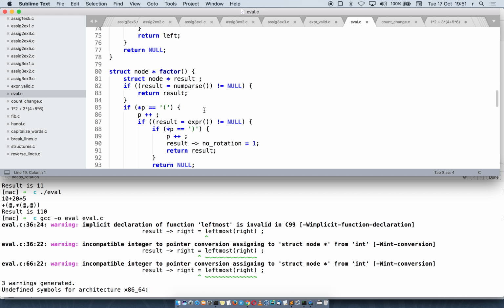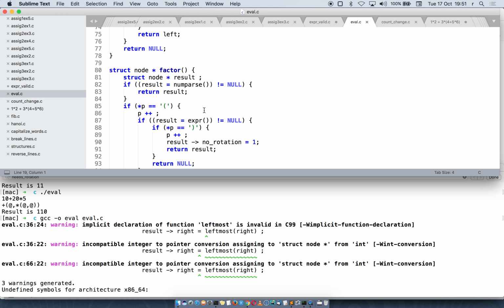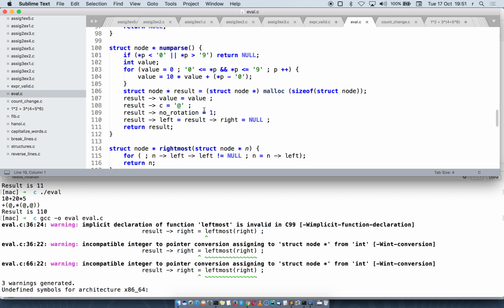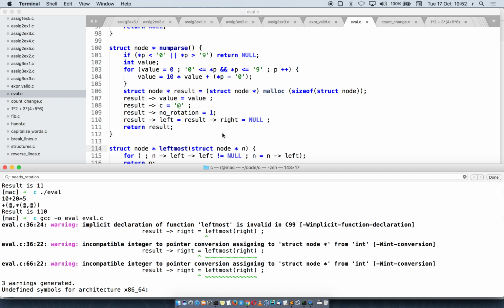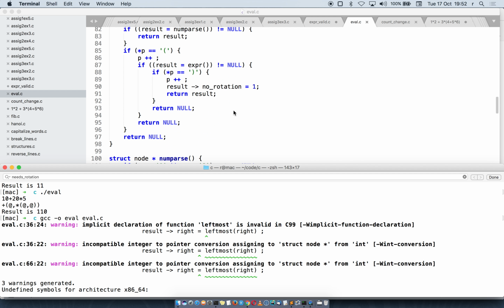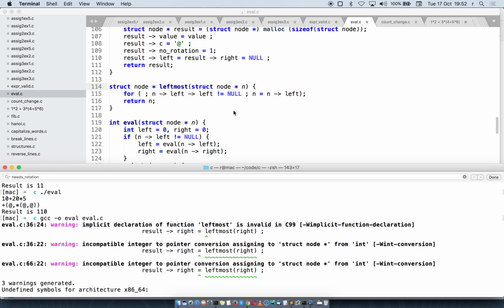I think by default there's a function called rightmost. But I want leftmost. Let me just make sure that, it's been a bit of a long day. And then we used it correctly. And leftmost and left. Okay, cool.